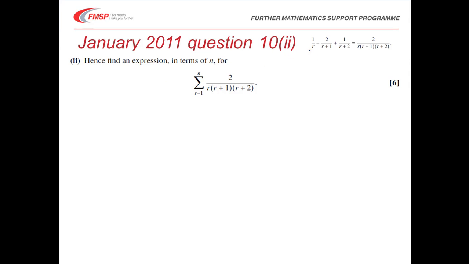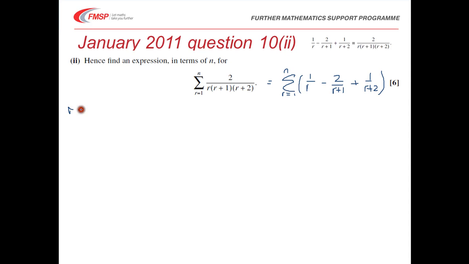So when we're doing this, we're going to say that it's the same as finding the sum of 1 over r minus 2 over r plus 1 plus 1 over r plus 2. So that's really the important thing. Again, this is going from 1 to n. So I'm going to do this now using a method of differences.